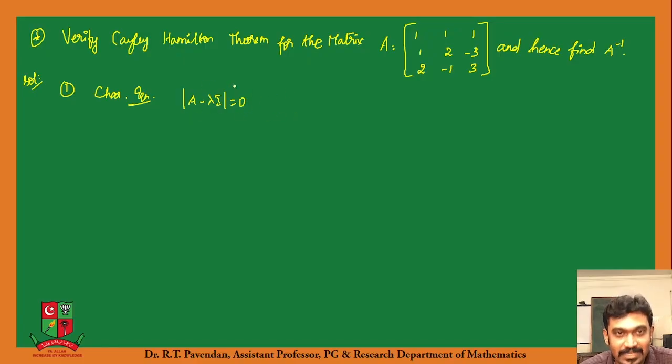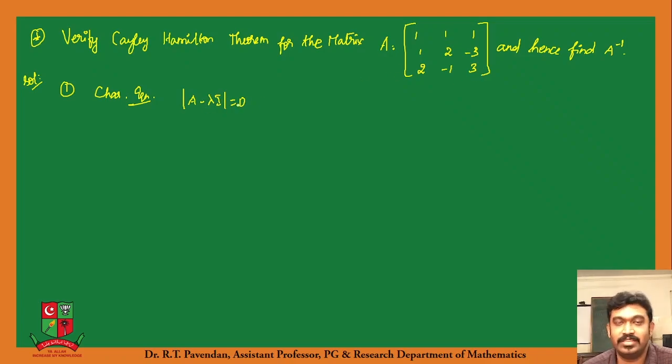So we are subtracting that matrix from the given matrix A. Lambda I has values only in the diagonal elements, so we subtract from the first element, that is 1 minus lambda. The other two entries will be 1 and 1. The second row will be 1, 2 minus lambda, minus 3, and the third row 2, minus 1, 3 minus lambda. That is how the A minus lambda I matrix is going to be.